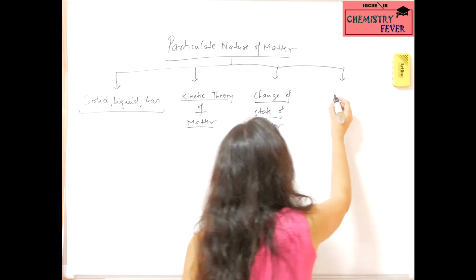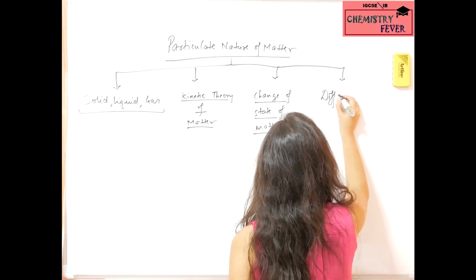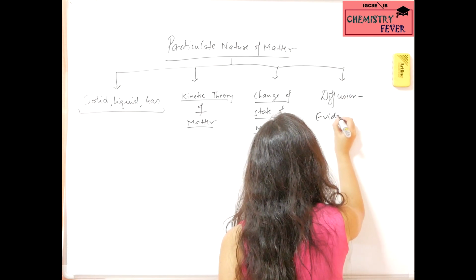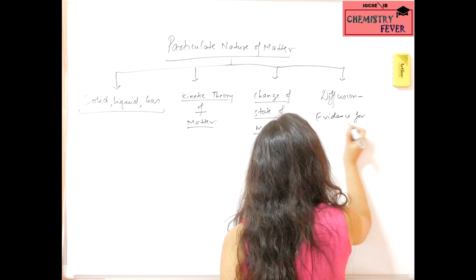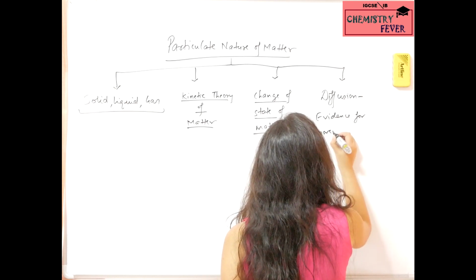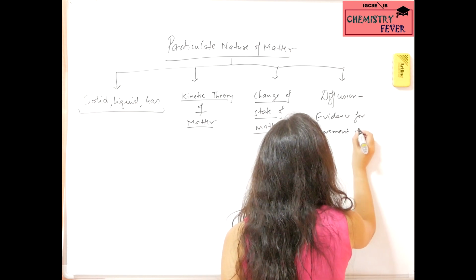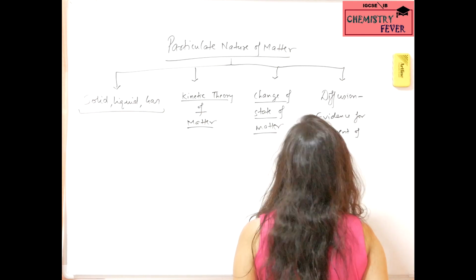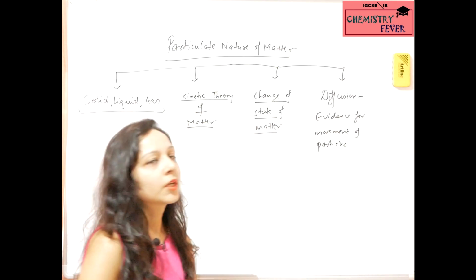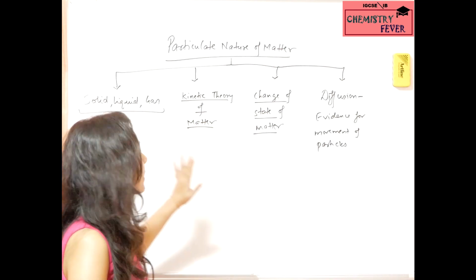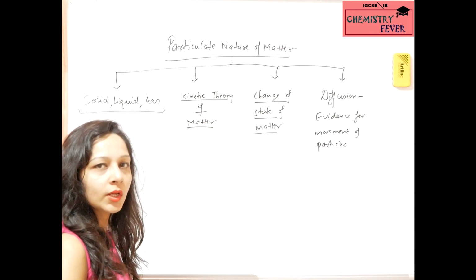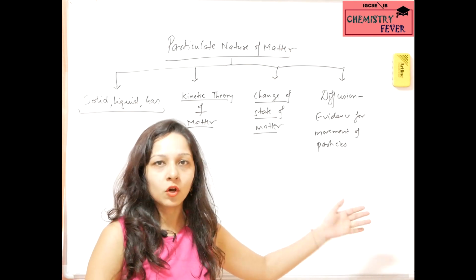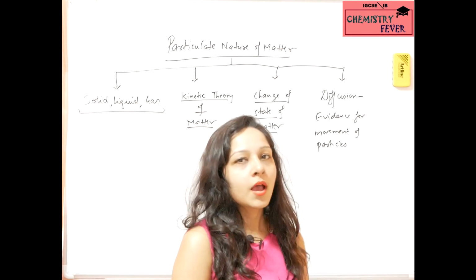And the last part is diffusion. And diffusion is evidence for movement of particles. Right? So in this video we will discuss the first part, solid, liquid and gas, and in the forthcoming videos you can see the other topics of this chapter, particulate nature of matter.